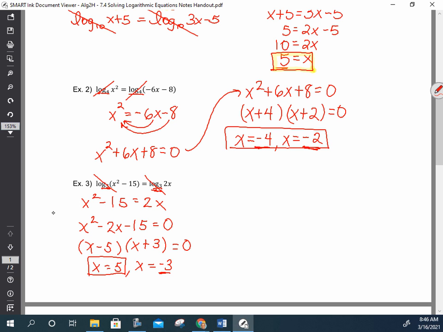Uh-oh, we've got a problem. When you do log base 3 of -3 squared minus 15, that's 9 minus 15, which is -6. You cannot take the logarithm of a negative number. You can't take the log of a negative number, so -3 is not valid.